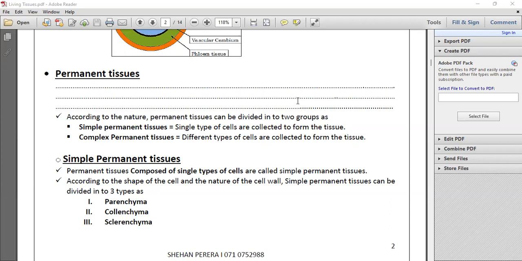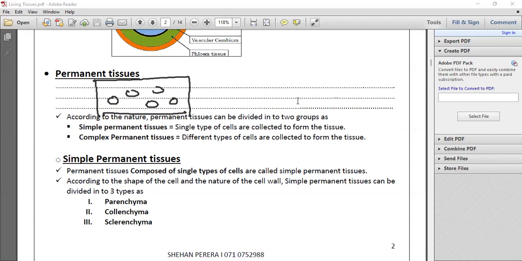And the permanent tissues also divide into two, right? There is one type of permanent tissue in which you have only the same type of cells. They are not capable of cell division, that means they are permanent cells, and this tissue is made up of the same type of cells.